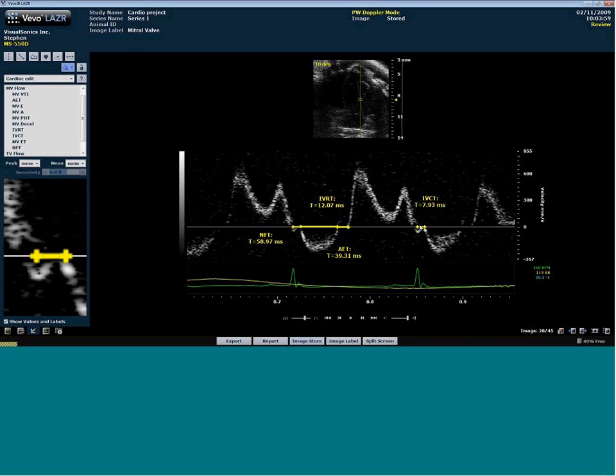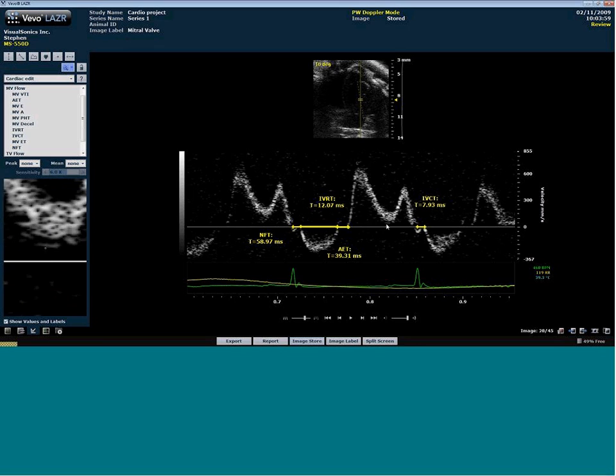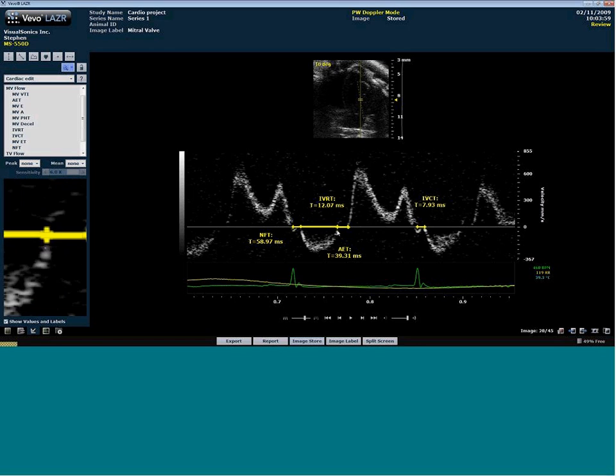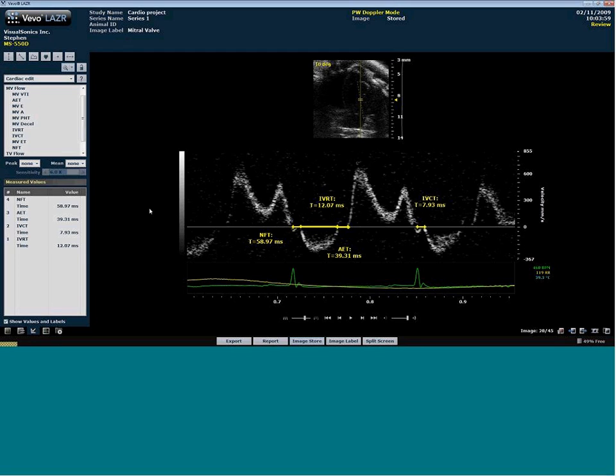And when I'm placing these measurements, especially the ones like the IVCT and the IVRT that are in very small spans, I'm using a combination of stretching the sweep speed out, so making the whole trace a little wider so that you can really see where to place them, and then looking in the zoom window here to really home in on where to place those points.